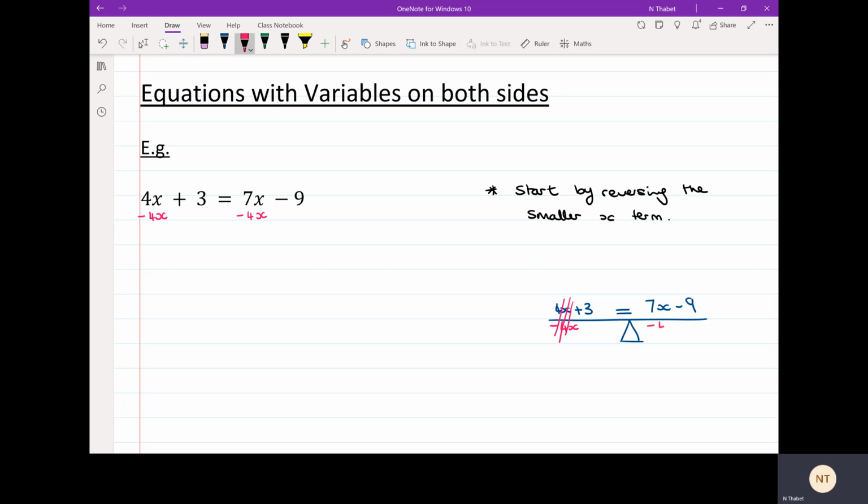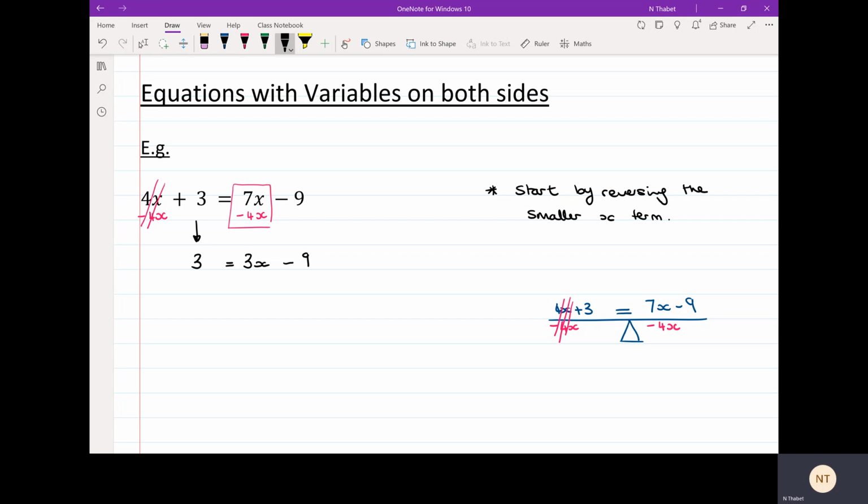So to get the balance, I also do it on the other side. And I always like to cross it out. So 4x minus 4x is 0. So there's no longer a 4x on this side. And then I actually do the calculation here. So I've got a positive 3 equals 7x minus 4x is 3x minus 9.